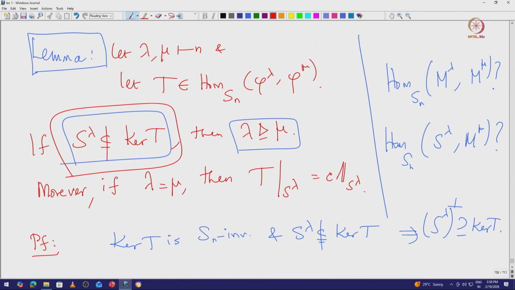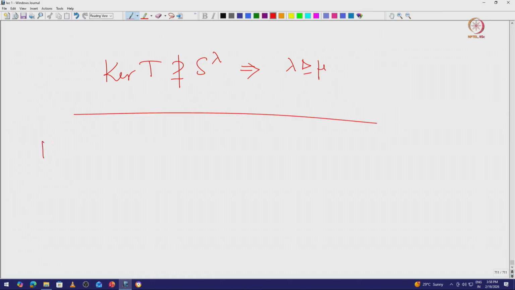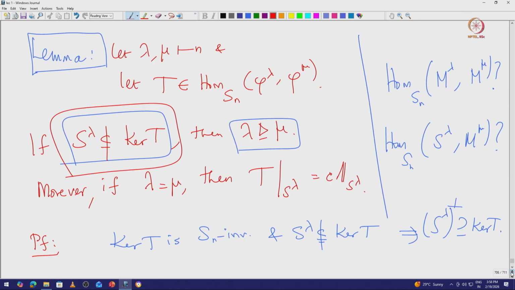So, now assume that λ is equal to μ. Then we know that T must be a scalar multiple of the identity, at least on S^λ, because we have seen that whenever λ equals μ, when you restrict T to S^λ, it must be a scalar times identity.